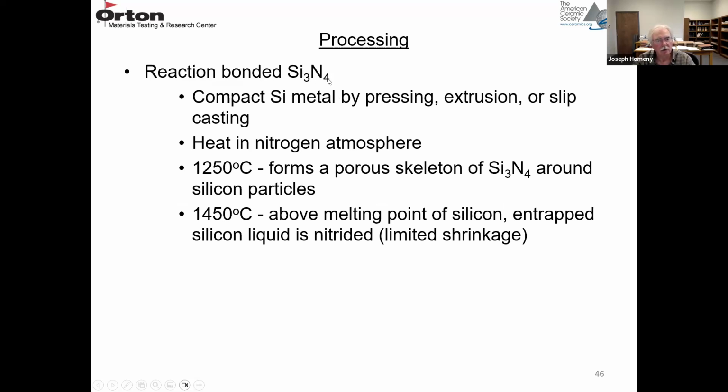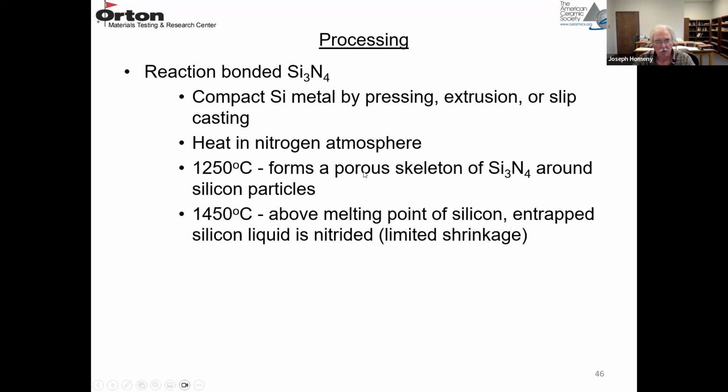Reaction bonded silicon nitride, you're compacting silicon metal. This can be a pressing operation, it could be an extrusion operation, it could be a slip casting process. So you simply take the silicon metal compact, you heat it in nitrogen, and the first temperature you heat it to is about 1250 degrees C. You're forming nitrogen on the surface of the silicon metal particles.